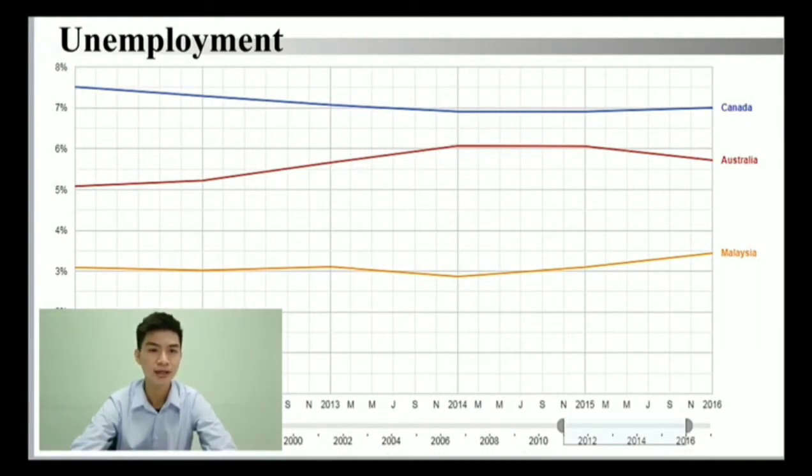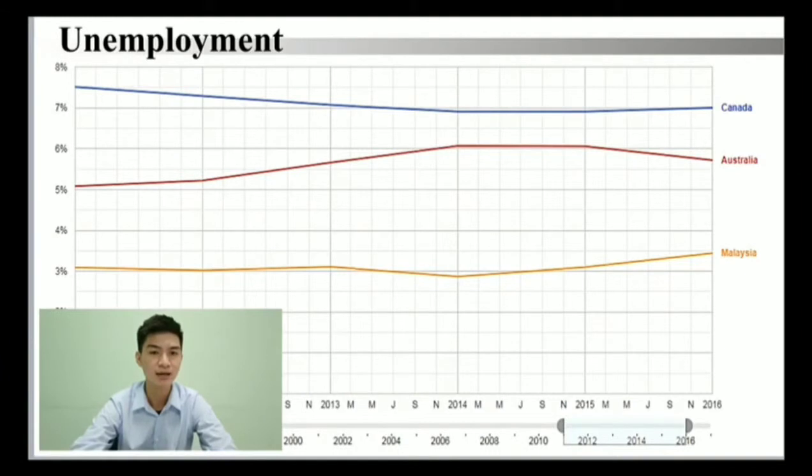For Australia's unemployment rate, it is lowest in year 2011 at 5.08% and highest at 6.07% in year 2014. Australia sits in the middle between both countries.